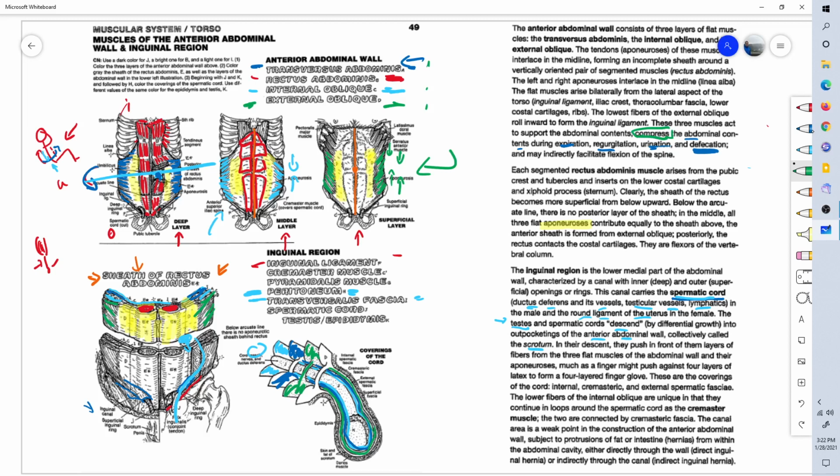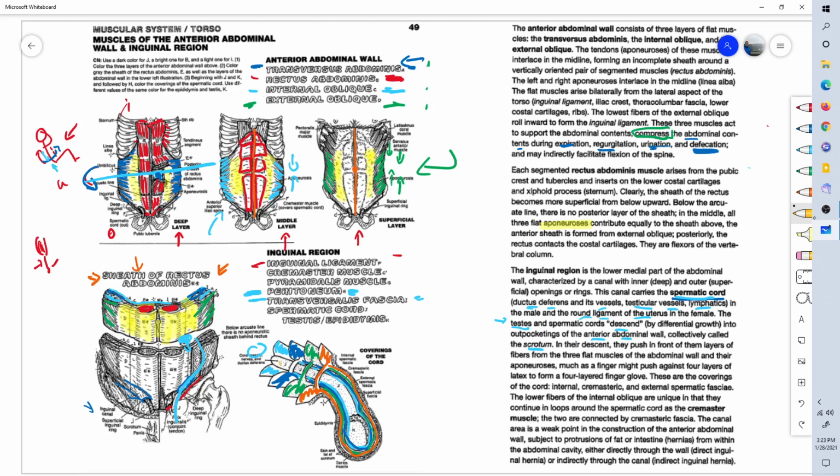And it pushed and poked through, here we go, and then finally pushes through the external oblique muscle and fascia, creating these multiple layers surrounding the scrotum.